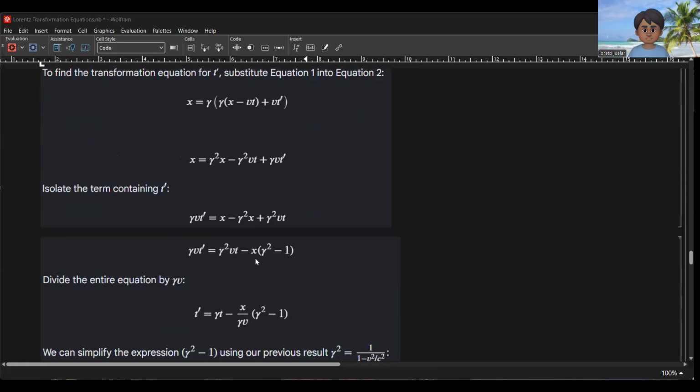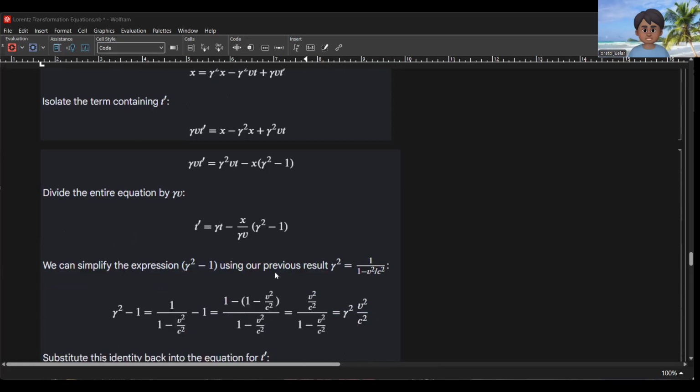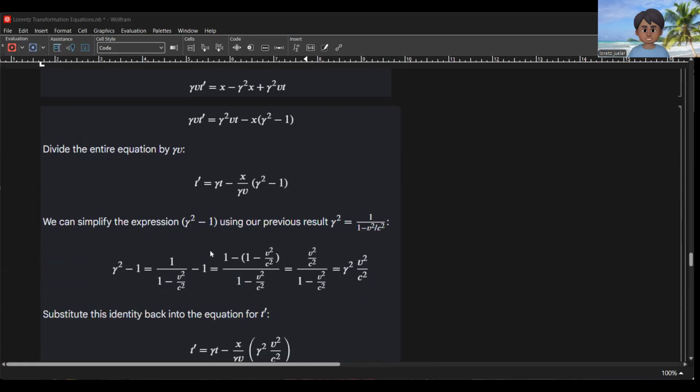So this is now the equation. So divide the entire equation by gamma times v here. So we have the remaining t prime equal to gamma times t minus x over gamma times velocity, times gamma squared minus 1. So we can simplify the expression gamma squared minus 1 using our previous results here.